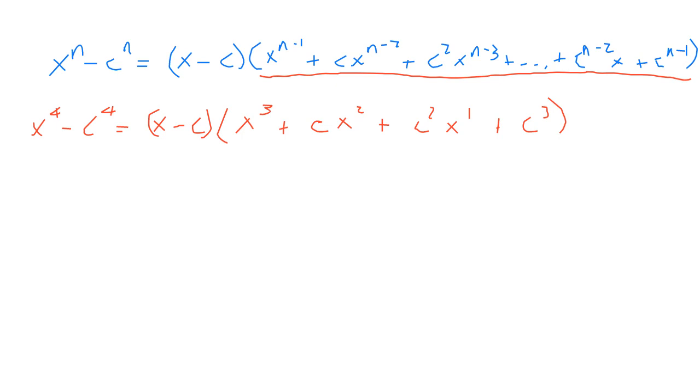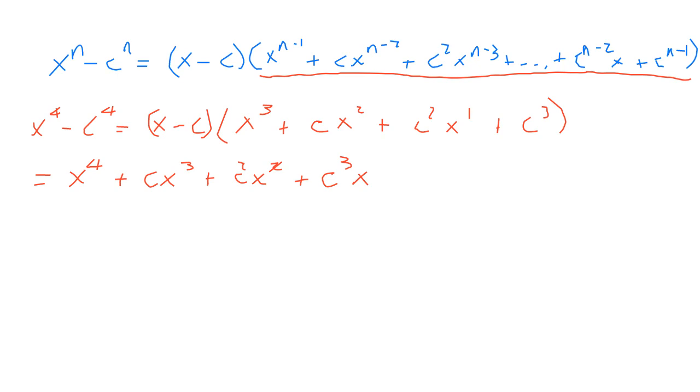Let's multiply it out. Multiply all of them by x. You're going to have x to the 4, c x cubed, c squared x squared, and what do I multiply by x? Yes, c cubed x. Let's double check that: x to the 4, c x cubed, c squared x squared, c cubed x.